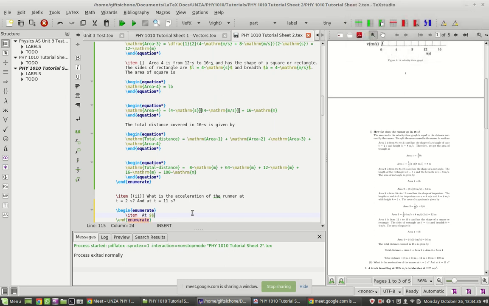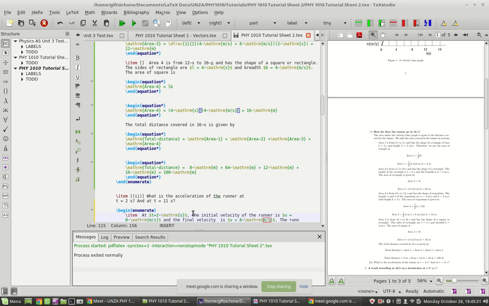So at t equals 2 seconds, the initial velocity of the runner is u equals 0 meters per second, and the final velocity is v equals 8 meters per second.